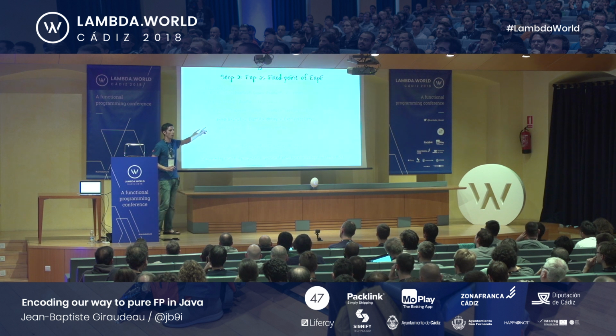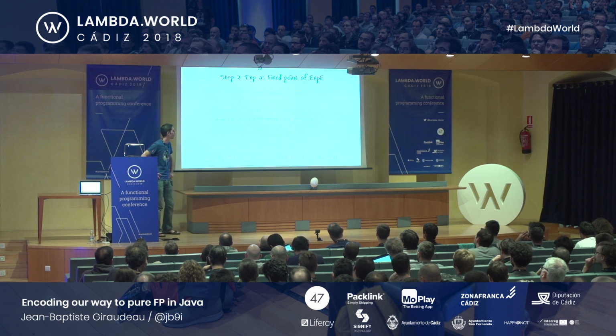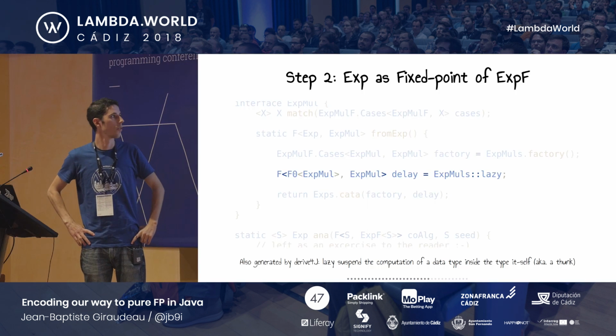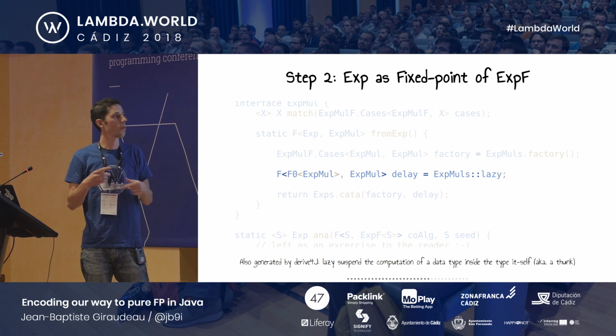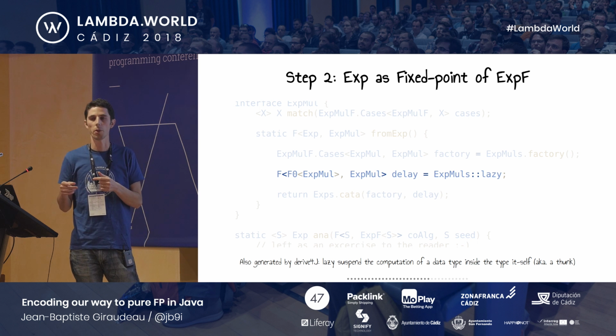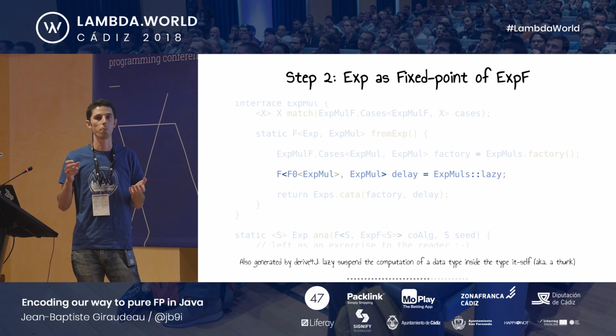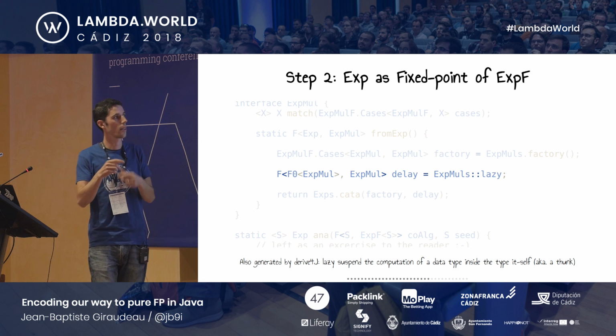Here you see that we need this bit. It's a lazy constructor. So it's a way to suspend a supplier of a data type into the data type itself, and that way we create a thunk, or memoized value, inside the type itself.